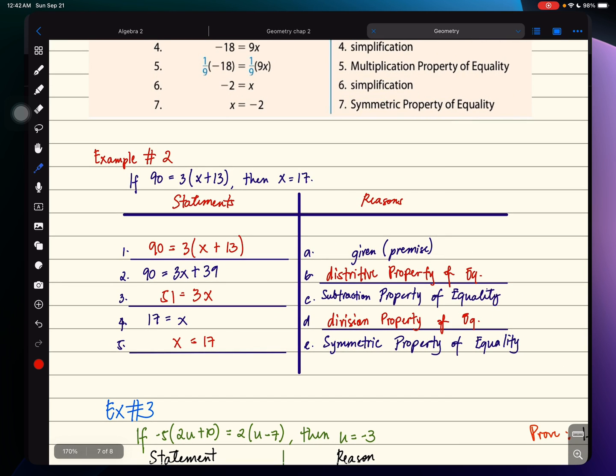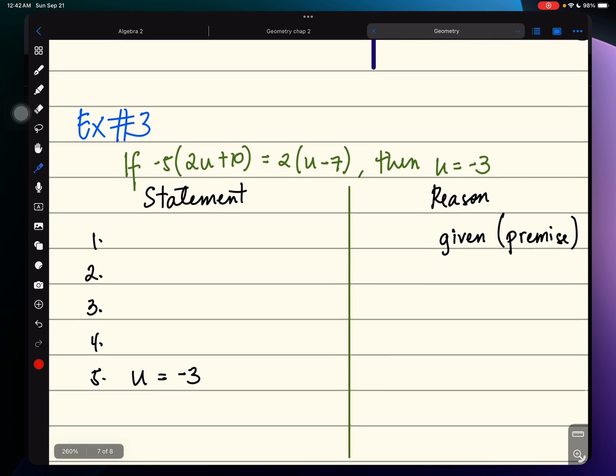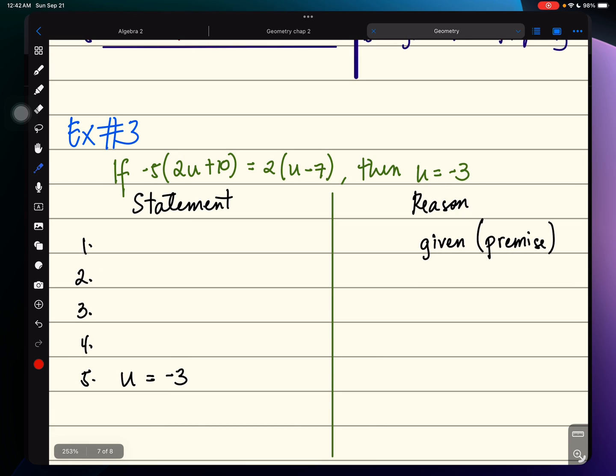How about example number 3? As you can see, in example number 3, the only thing written here in the statements is the last, which is the conclusion, and the given under the reason. Now, how can we complete this table?